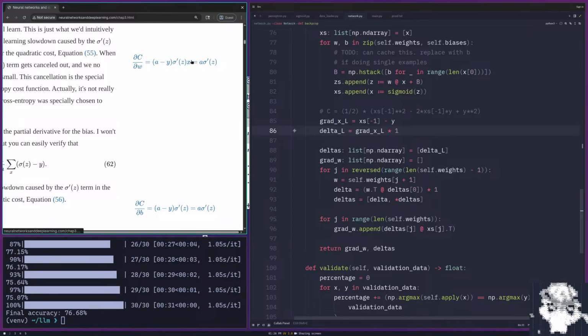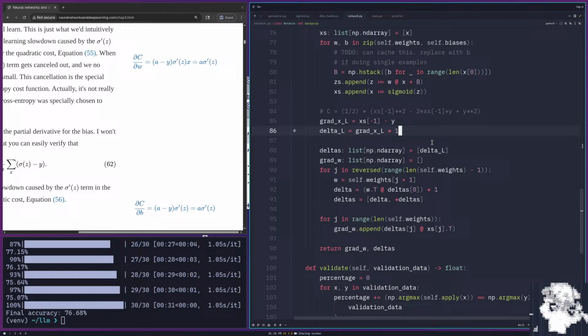The times x thing is confusing. I don't remember doing that part. Let's bring the sigmoid primes back here.